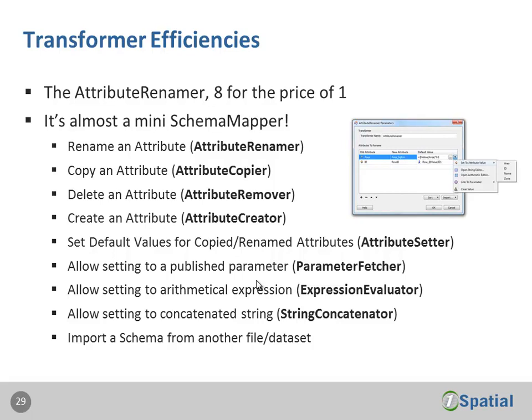So you can put one transformer in place and do 8 different types of things. You can even, using the import button that you can see hopefully on screen just there, import a schema from a different file as well.